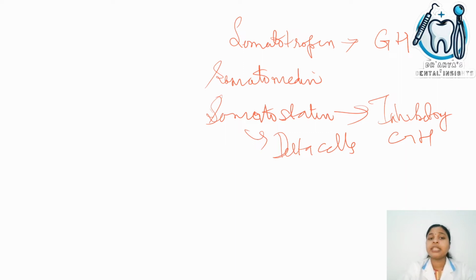Somatomedin is secreted by the liver under growth hormone stimulation, there is no direct action on bones through GH, but it acts through somatomedin, and somatostatin is the inhibitory hormone of growth hormone, secreted by delta cells of islets of Langerhans in pancreas. Okay.